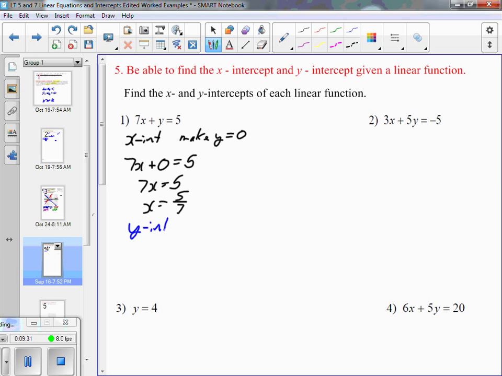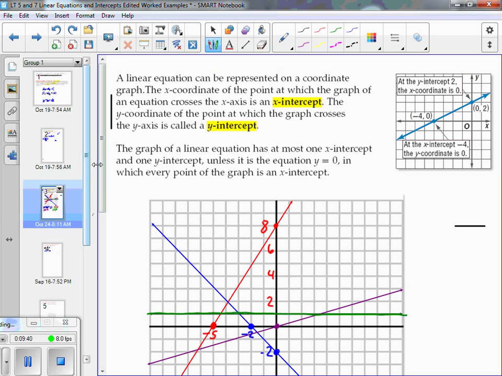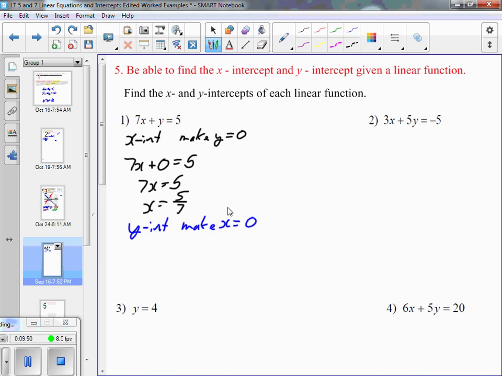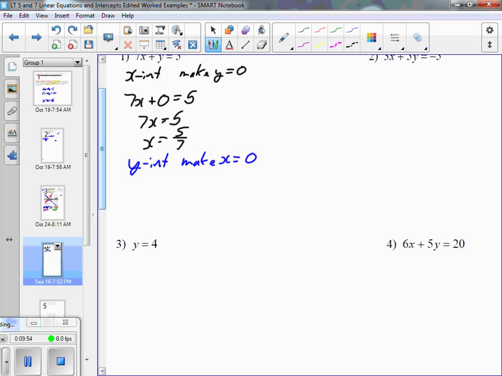To find the y-intercept, make x equal 0. How come? Well, look at the red line again. At the y-intercept up here at 8, what's the x-coordinate of that point? Well, it's 0, isn't it? So, by letting the x-coordinate equal 0, that'll give us the y-intercept.